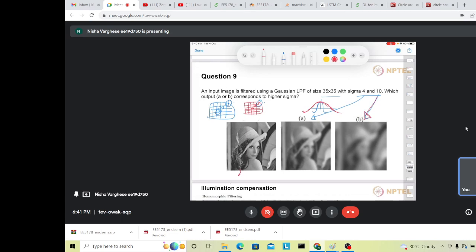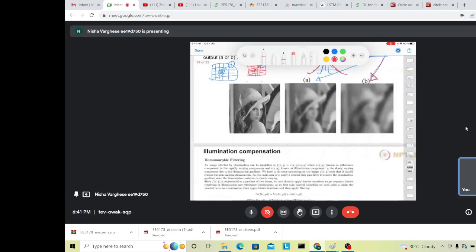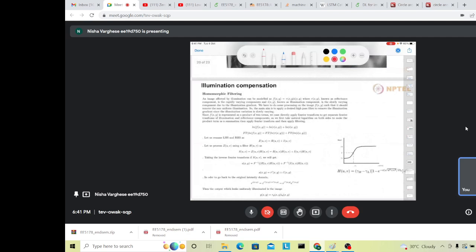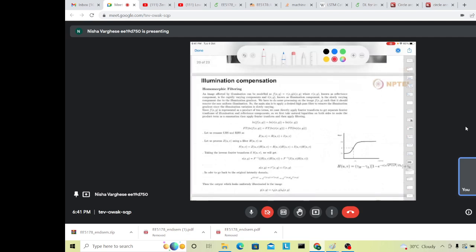Then the last topic is illumination compensation. It is used for removing non-uniform illumination from images. Like you have light here, but as we go across, the illumination is lesser.